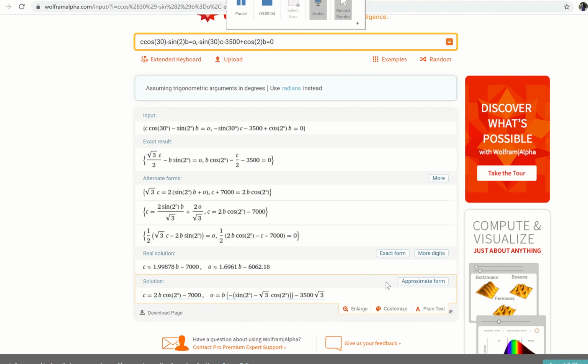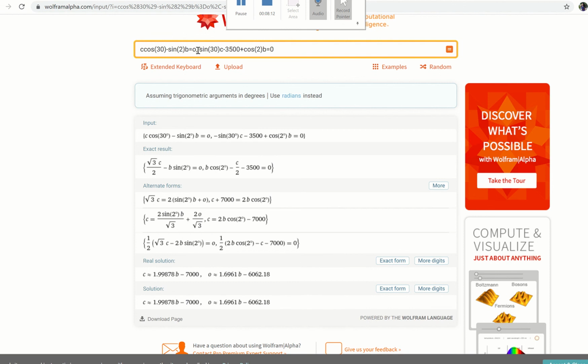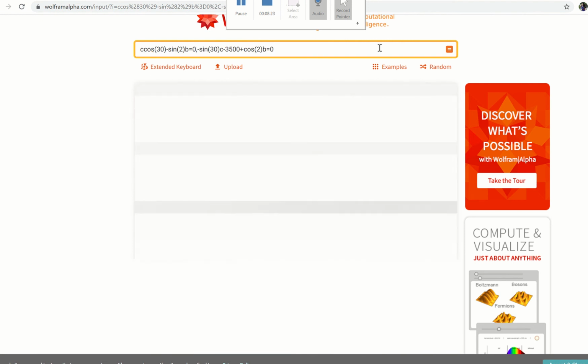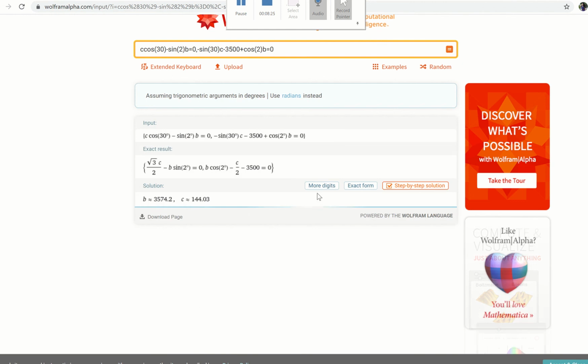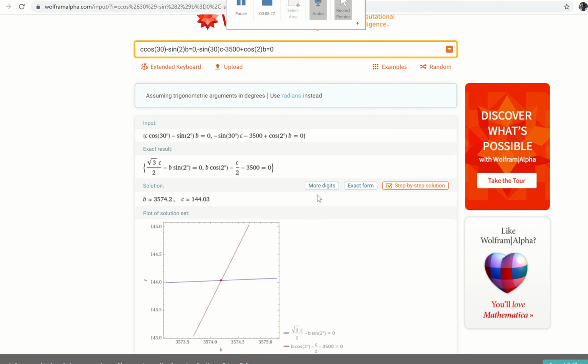Let's see. What I realized is the mistake I made: this is not a 0, this is an O. So I'm going to change it to 0, and hopefully that will fix the problem. Troubleshooting, right? Okay, yep, that does it.